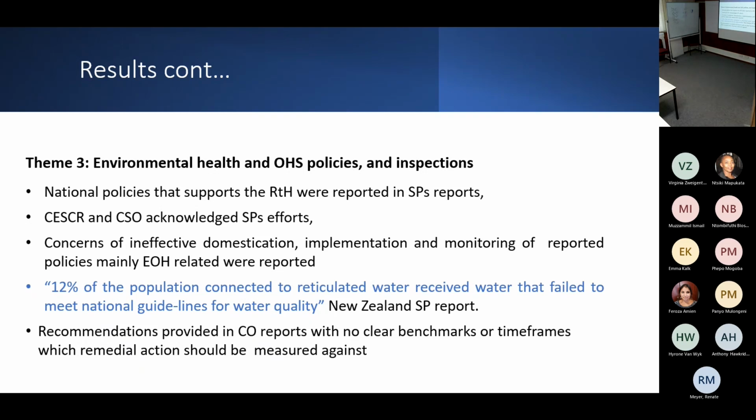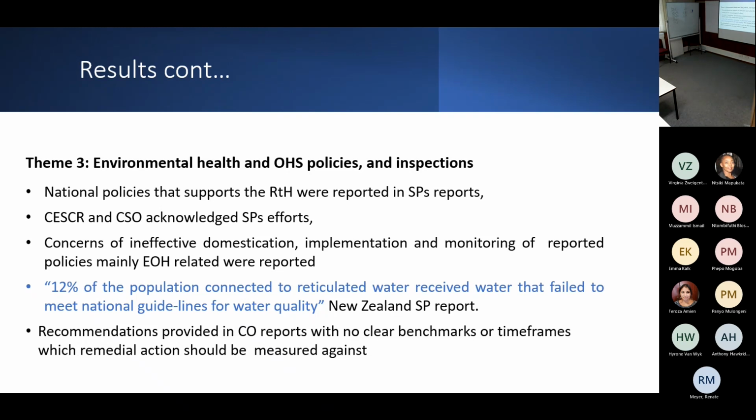And also on the recommendations provided by the committee in regards to these findings, we didn't see any clear benchmarks or timeframes against which this remedial action should be measured. They would say this is a concern the state party needs to address, but that was it.